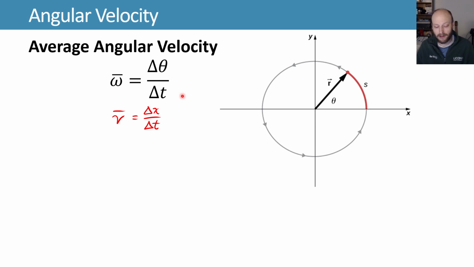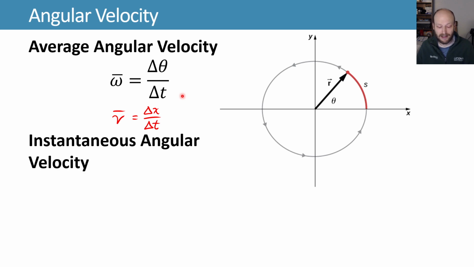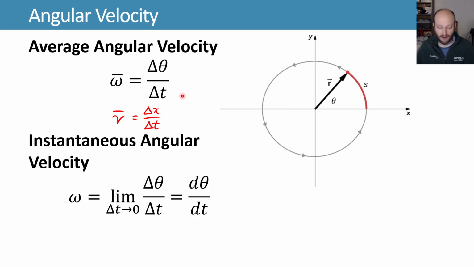And just like we did with translational velocity, we can take the limit as that delta t goes to 0 to get our instantaneous angular velocity of d theta dt. This is similar to what we did with translational velocity, where we had v is equal to dx dt. Now we have omega is equal to d theta dt.